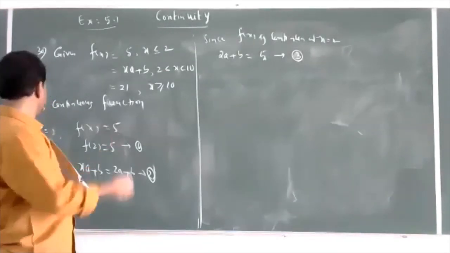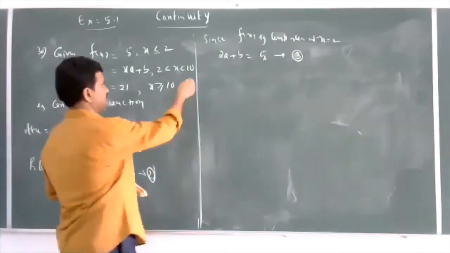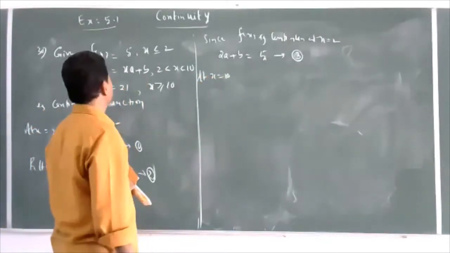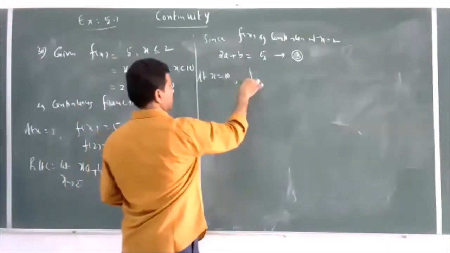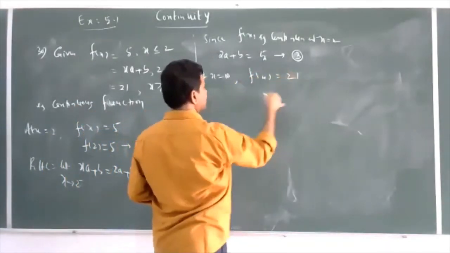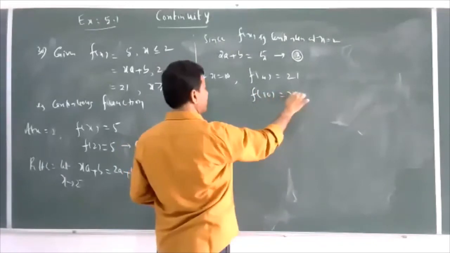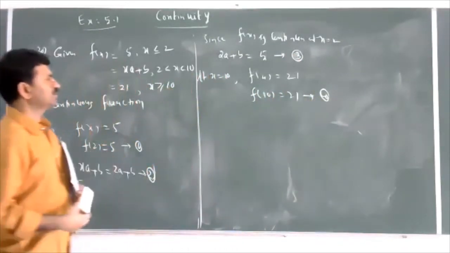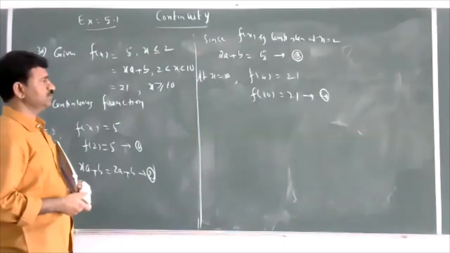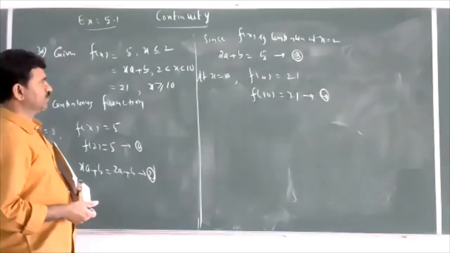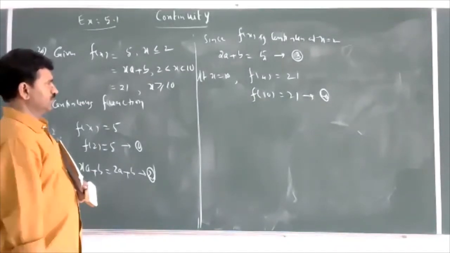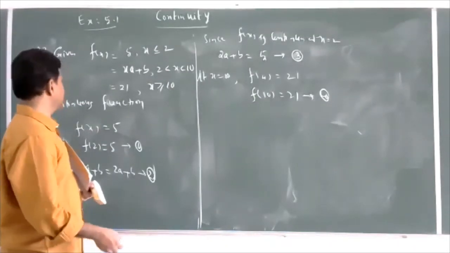Next, second condition. At x is equal to 10, f of x is equal to 21. That means f of 10 is 21. Equation 4. Find here the left limit.